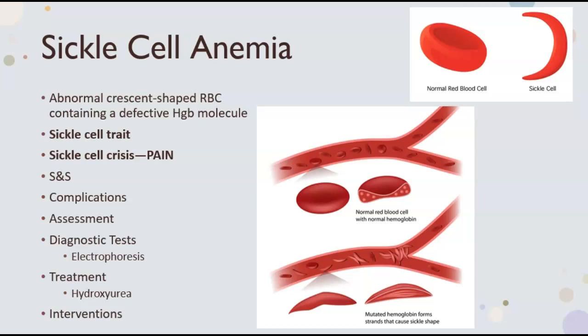They should be educated to remain current on vaccinations so that it can prevent infection, which can cause that sickle cell crisis. Range of motion exercises, protecting joints, and administering pain medications at set intervals are also some nursing interventions.